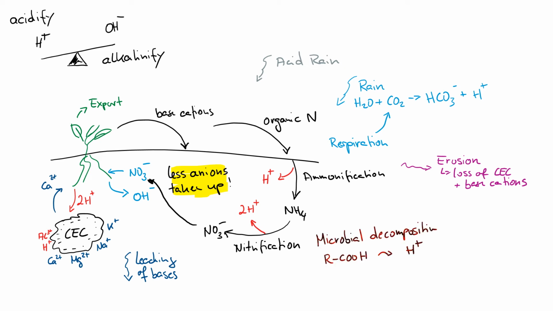And then microbial decomposition, which is involved in ammonification and nitrification, but also in the breakdown of any other carbon structure, tends to deprotonate or add protons to the soil and acidify soils.